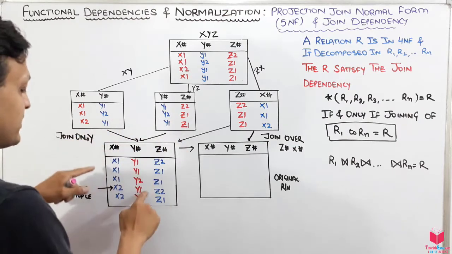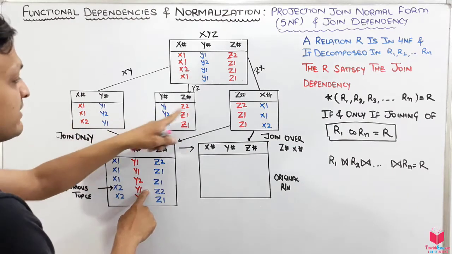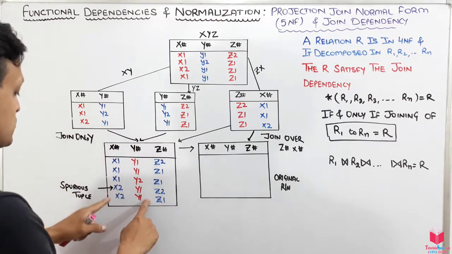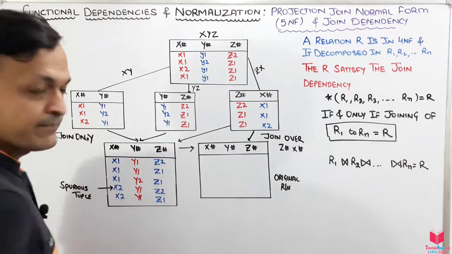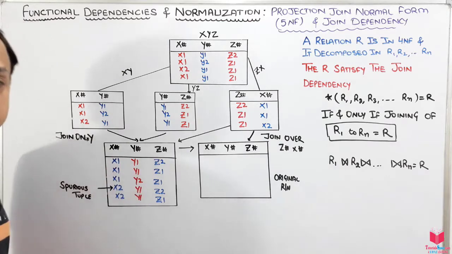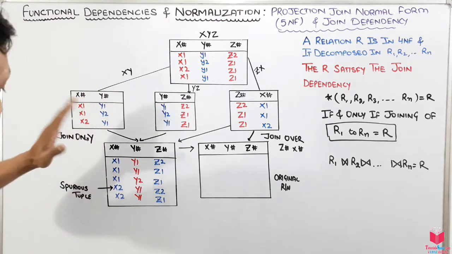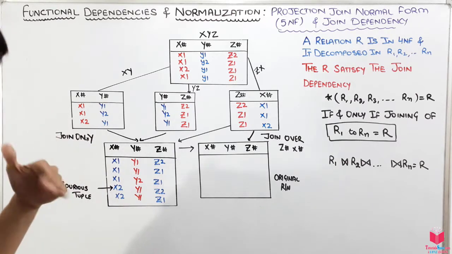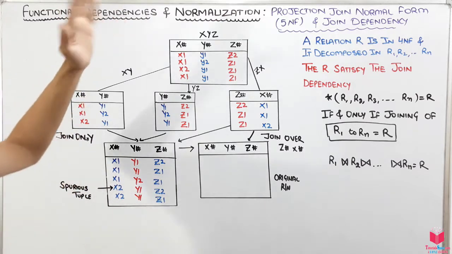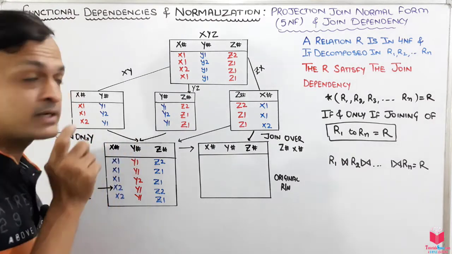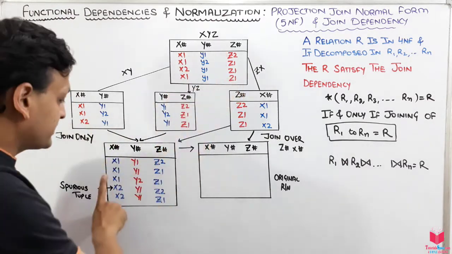So y1 with x2 and z2, then y1 again with x2 and z1. Okay guys, so this is the natural join of the XY and YZ tables. Now let's check, does this natural join table consist of all the attributes of the original table? So it consists of all the attributes, but let's check, there are 4 tuples in the original and 5 tuples here.